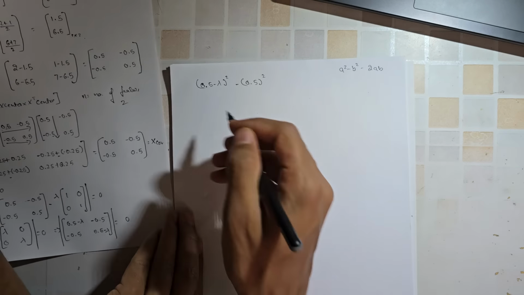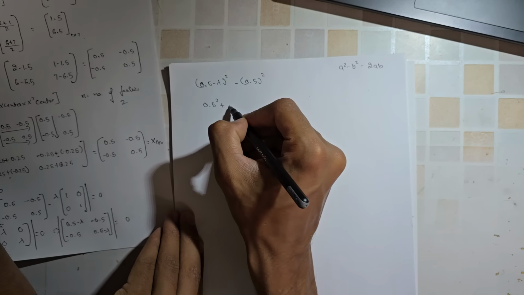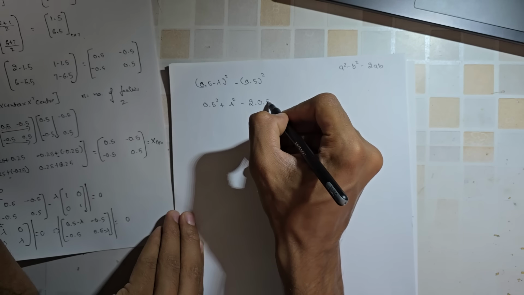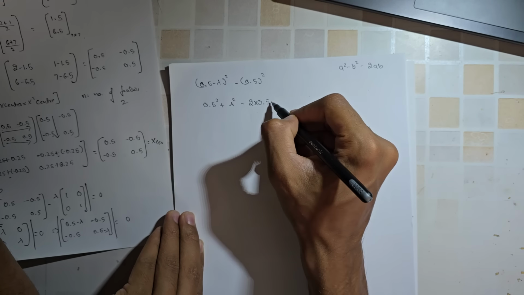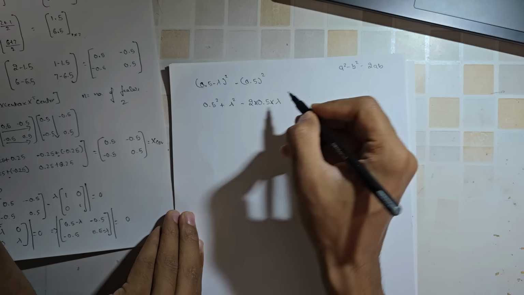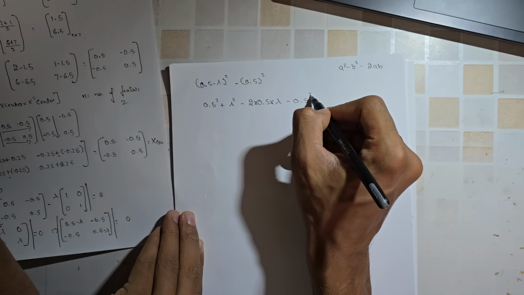This is visible. So 0.5 square plus lambda square minus 2 into 0.5 into lambda, that is 2ab, and here you have minus 0.5 square.